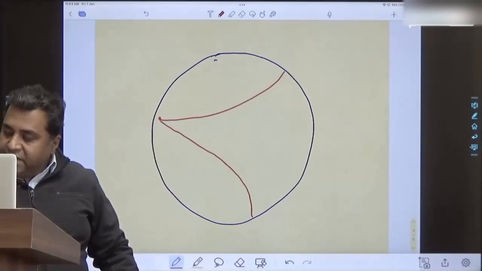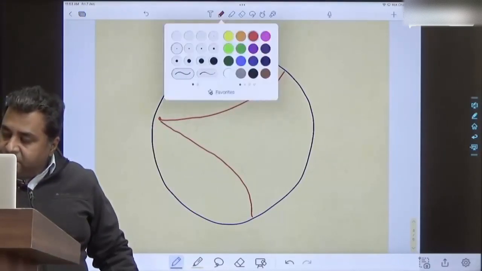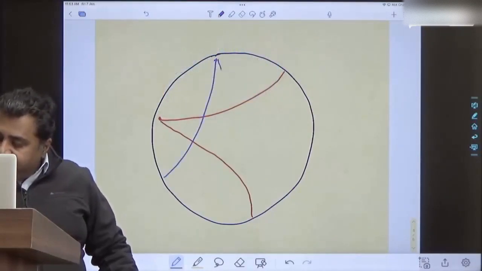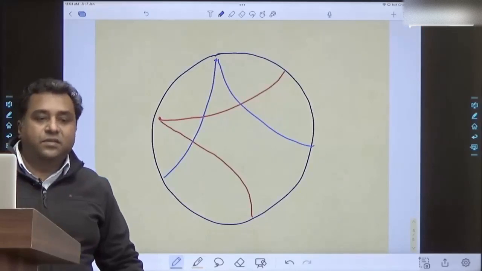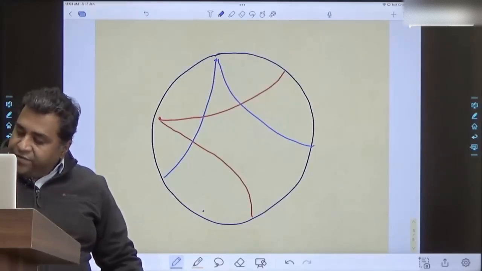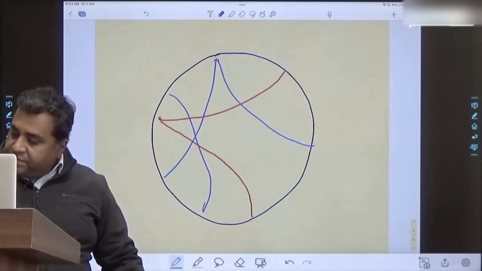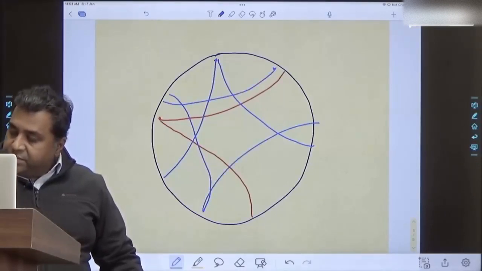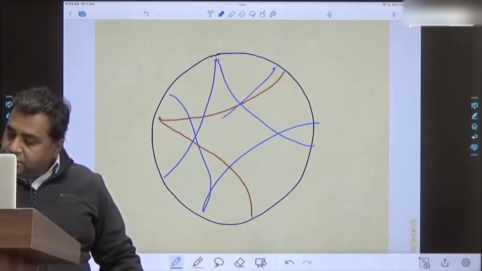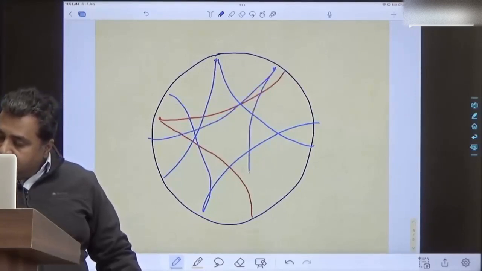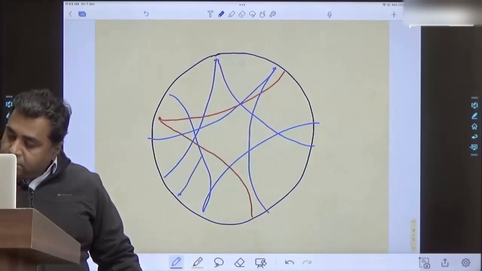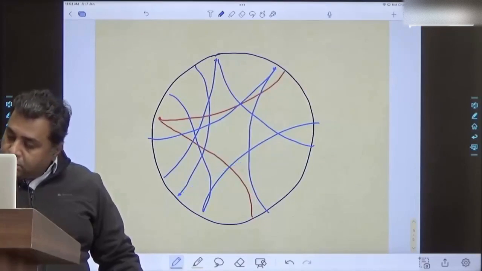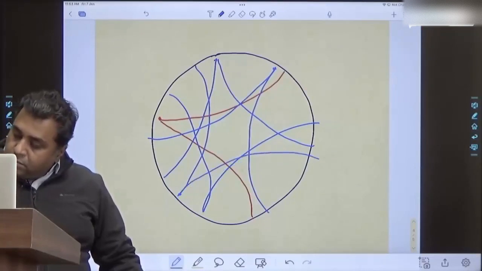In the same way, if I take another epicenter somewhere else, with respect to that it will again be 105 degrees, something like this. And if I go on drawing for different earthquakes taking place at different locations, and so on.